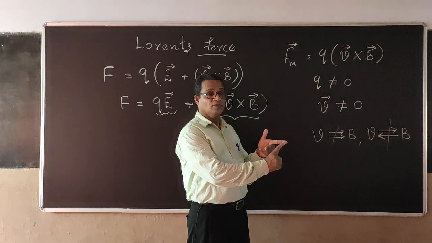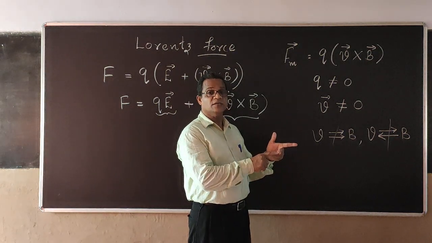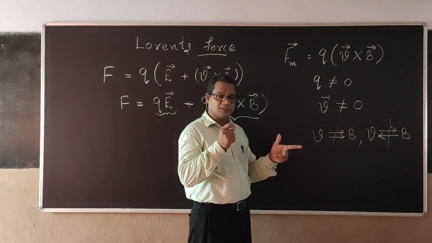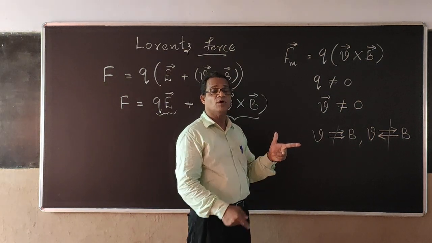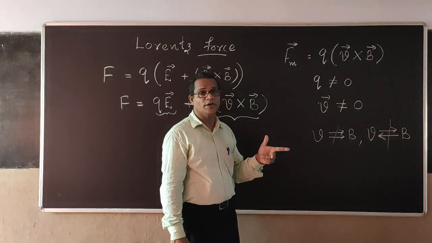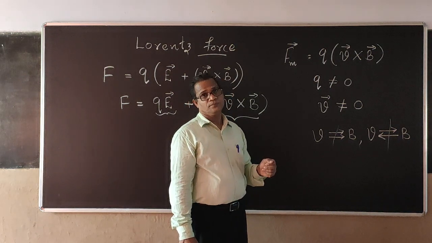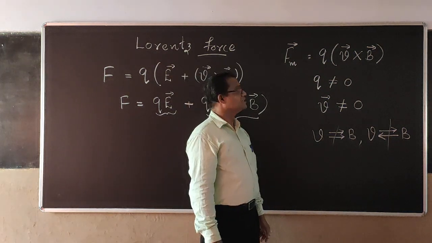Once again, forefinger the magnetic field, middle finger the direction in which the positive charge moves, then the thumb will be pointing in the direction of the force acting on it. Okay? So this is the method to find the direction of the force.